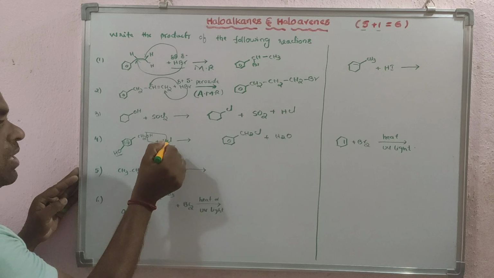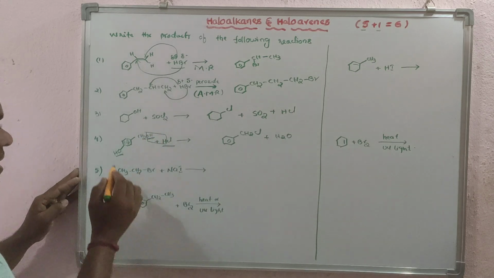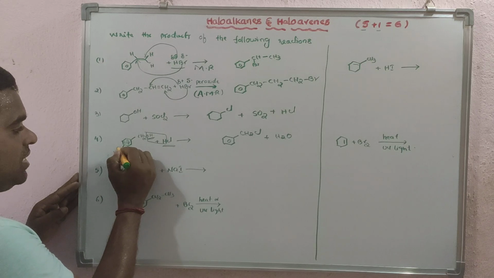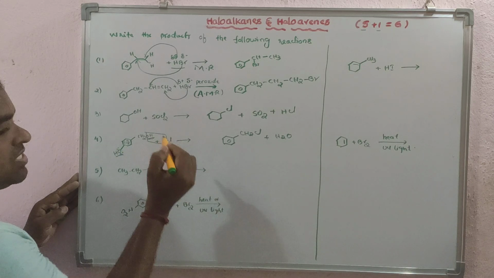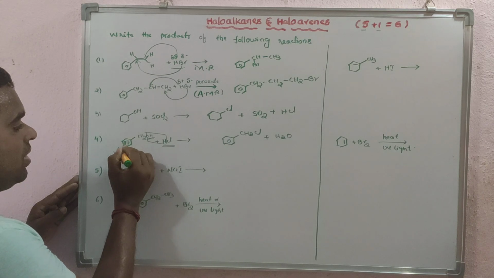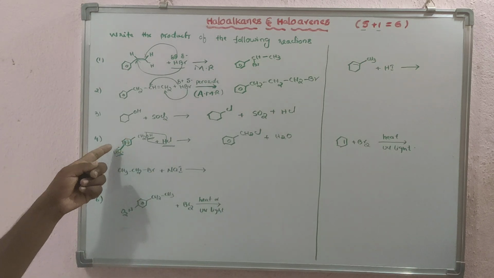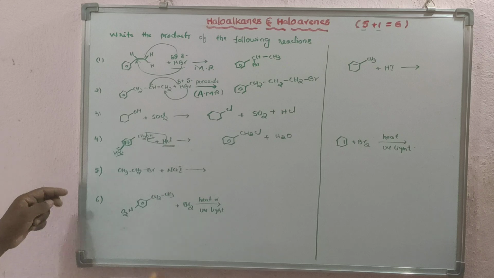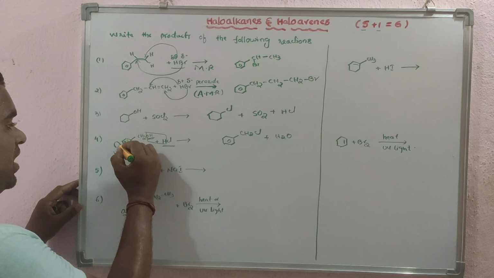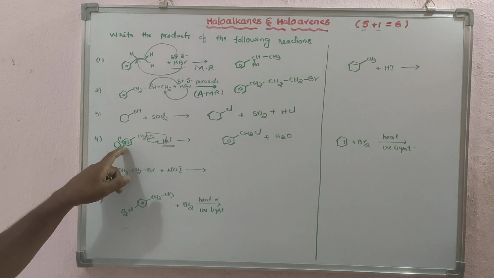You may ask, here OH is there. Which OH will be replaced by the chlorine? Either this or this. This one only. Why? Because this OH will not be easily replaced by Cl. Because this double bond and the lone pair on the oxygen, separated by a single bond, are in conjugation, so it will be involved in resonance. When it is involved in resonance, the C-OH bond will have partial double bond character.